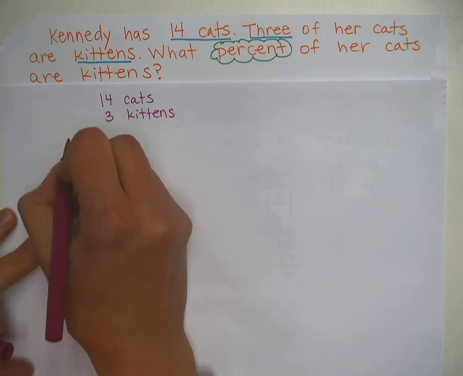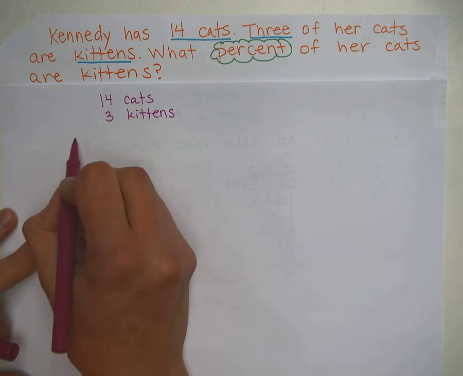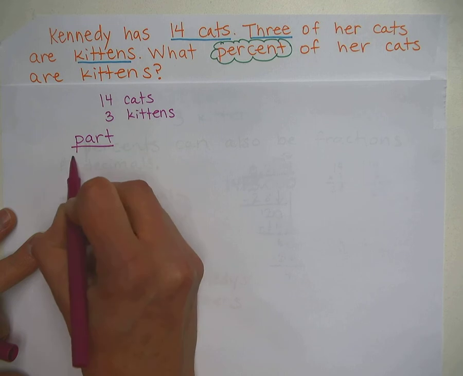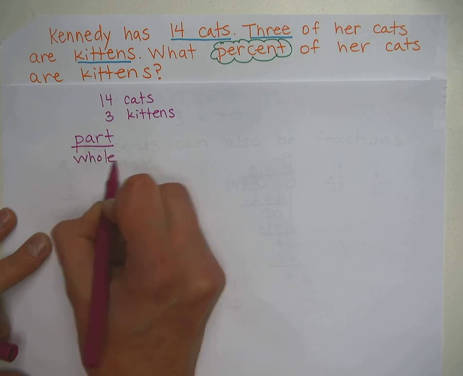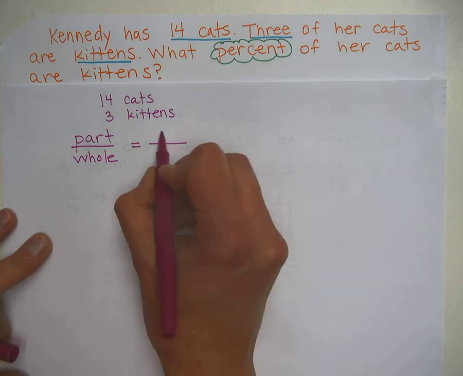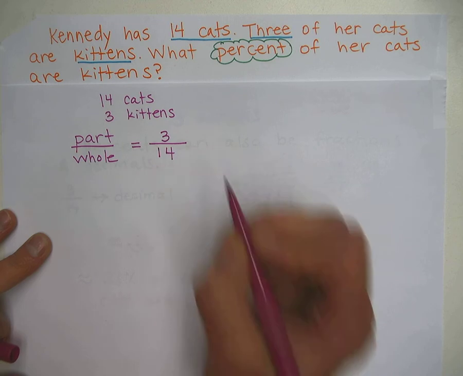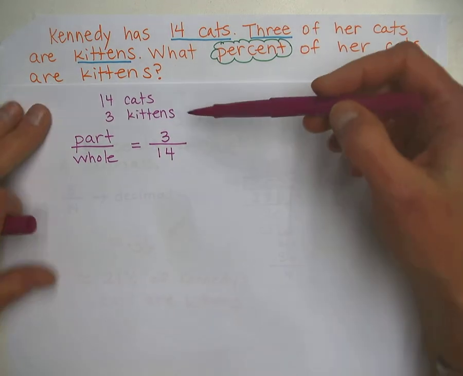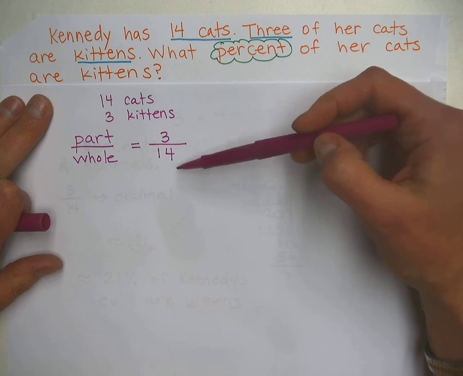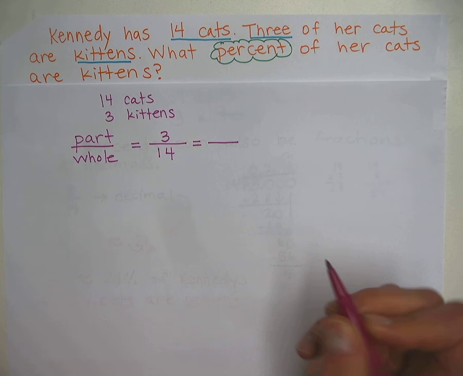So I'm going to say my part, and that's the main part of this, is putting together your proportion. So I have a part, and I have a whole, and my part is 3, and my whole amount is 14. So that's part of her cats, the kittens, and that's all of her cats, including the kittens. And now that is equal to, this is where the proportion comes in.